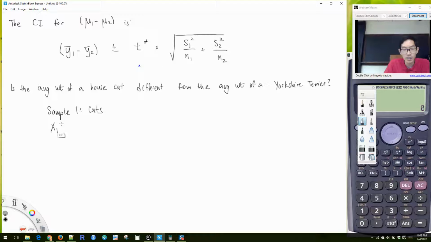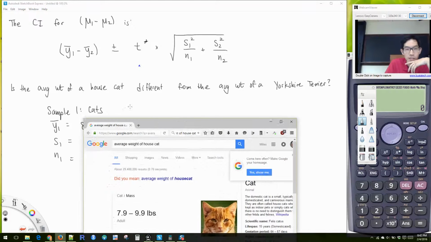Okay, we got y bar 1, s1, and n1. So I'm going to just make up numbers. We'll say 8.9 pounds. And there's some fat cats too, right? So we'll say the standard deviation, I don't know, 1.6 pounds, and we'll say we took a sample of 12 cats.